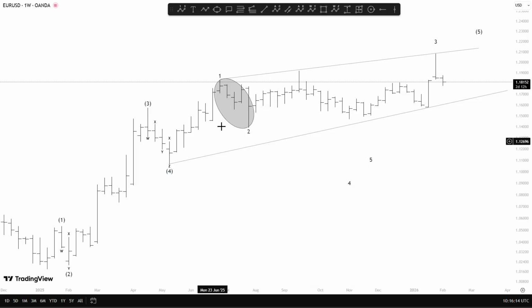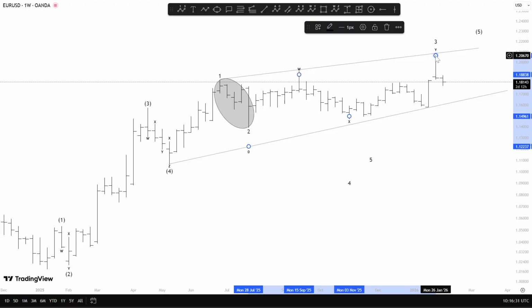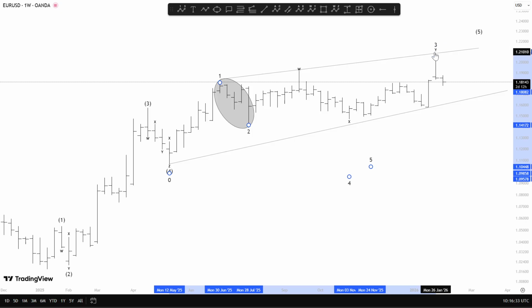So this is wave 1, wave 2. Wave 3 is a clean and clear corrective structure, which is a double three, W, X, and Y. Okay, so this is wave 3.